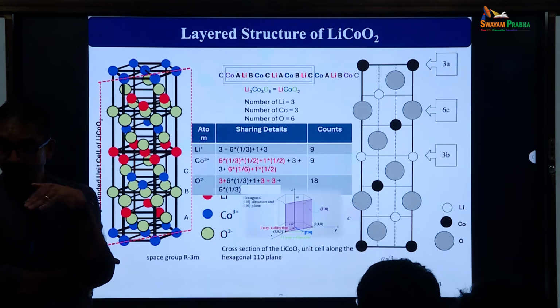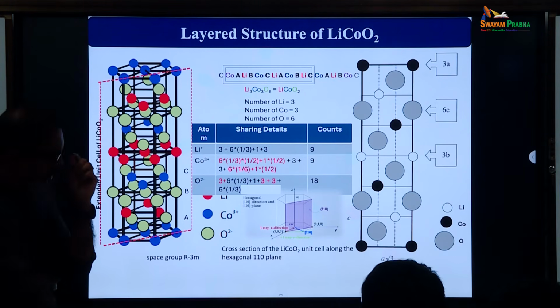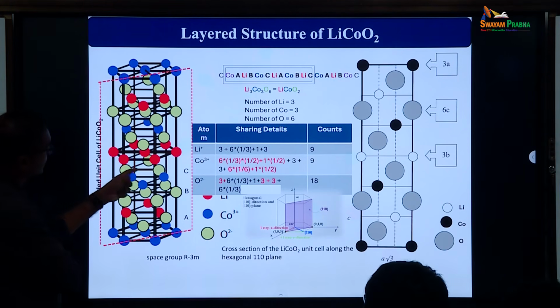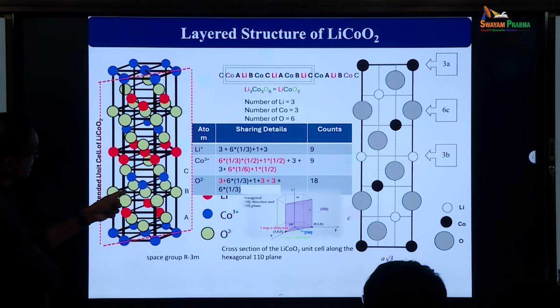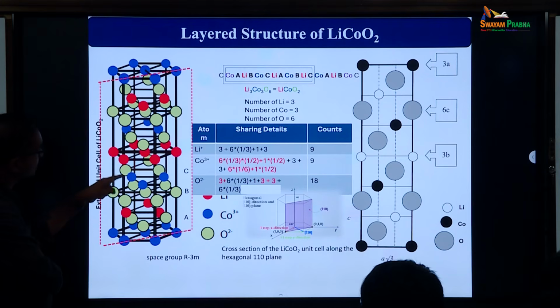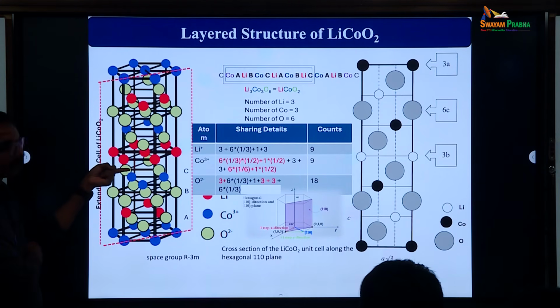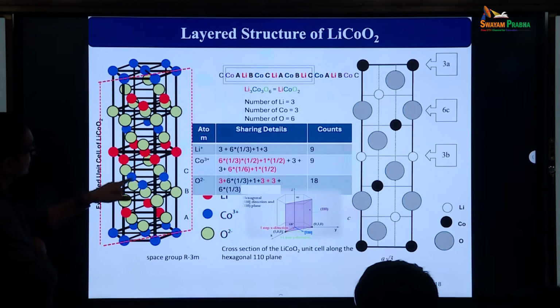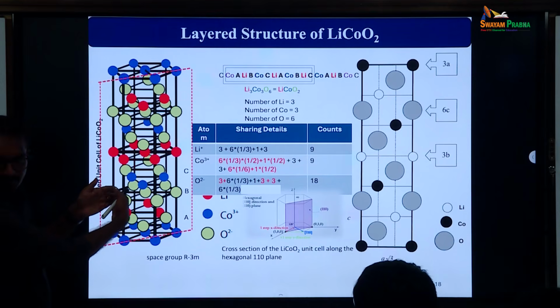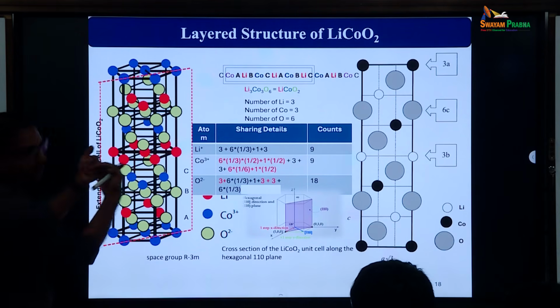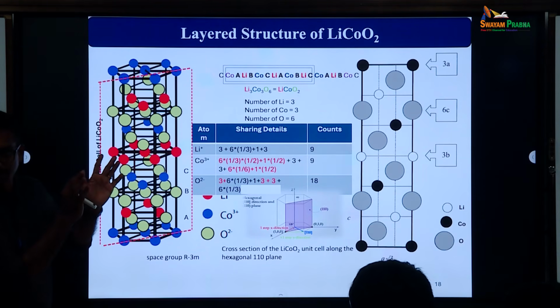A, B, C. Now, look at this green one. This is having atom here, atom here, atom here. So this is not having atom exactly where this is having atom. If this is A layer, then this will be my B layer. Look at this fellow. This is a triangle facing inward. This is a triangle facing outward. So they are not in the same position.